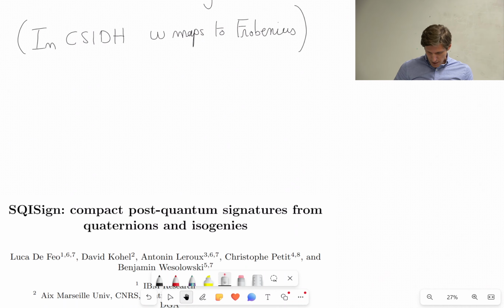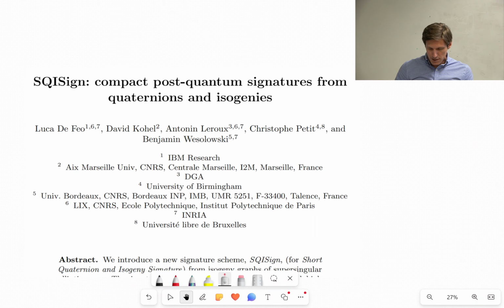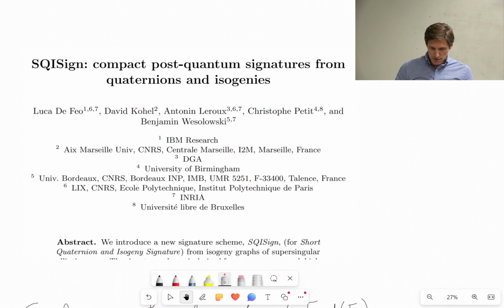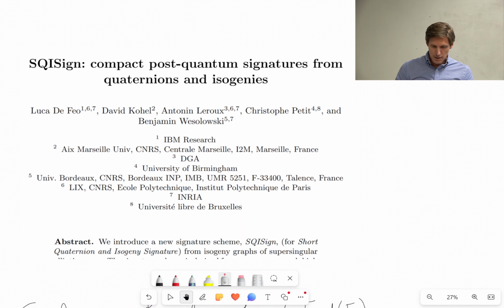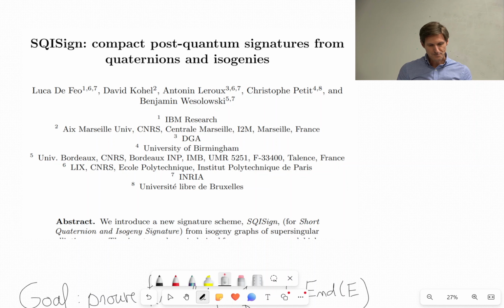All right, so now to finish, I want to mention the newest NIST submission about supersingular curves, called SQIsign, short for short quaternion and isogeny signature. What happened was, first this was published in 2020, but then in 2023, NIST accepted new submissions for what they call the on-ramp selection process for post-quantum digital signatures.